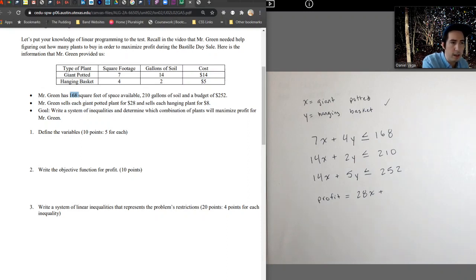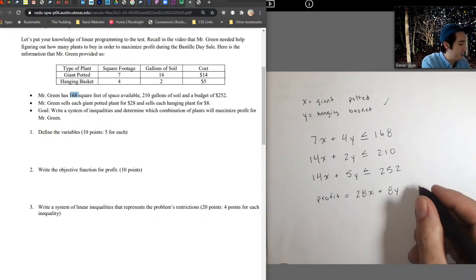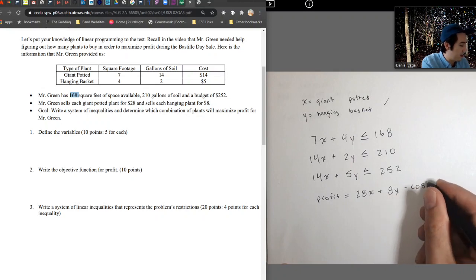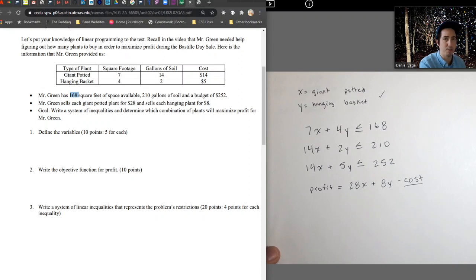Was it how much again? $8, sorry, $8 for every hanging basket, and really it should be minus the cost. I think that would be important to think about, because with profit you have to take into account how much you pay for the plants to begin with.